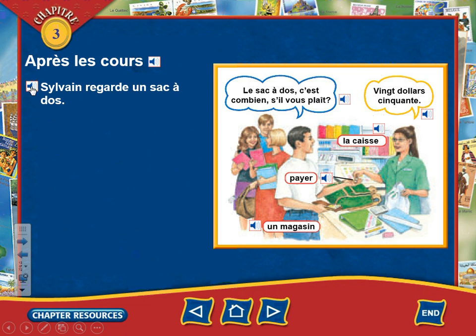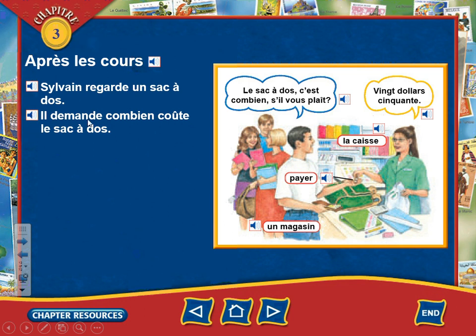Sylvain regarde un sac à dos. So this guy over here, his name is Sylvain, and he's looking at a backpack. Sylvain looks at a backpack. Il demande combien coûte le sac à dos. This is another ER verb.